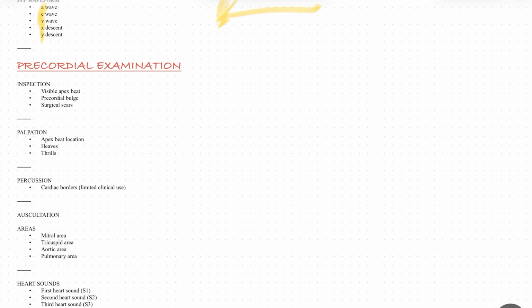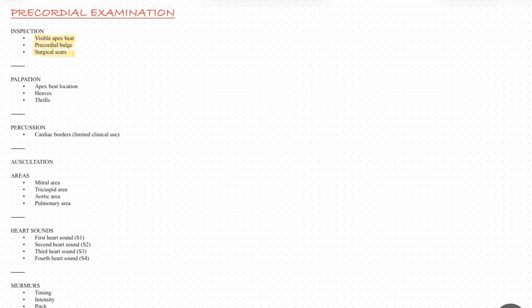For CVS, you're going to check from the front side. You have to ask the patient to remove his shirt and sit on the chair. Then you have to inspect without touching. In inspection, you are going to see the visible apex beat, precordial bulge, or any surgical scars, like whether he underwent any cardiac or other surgeries at that site.